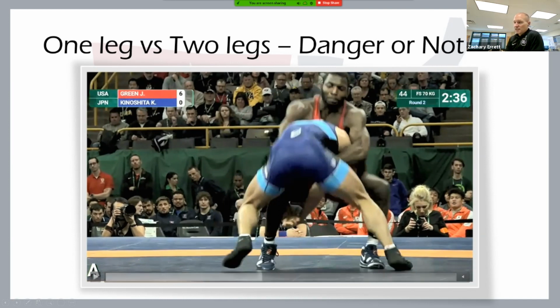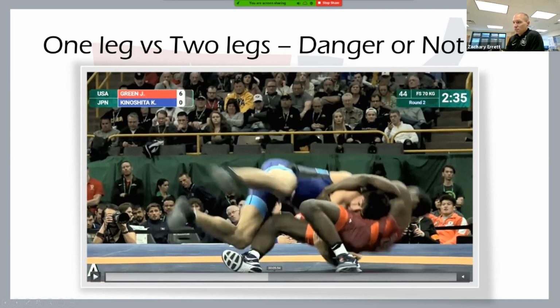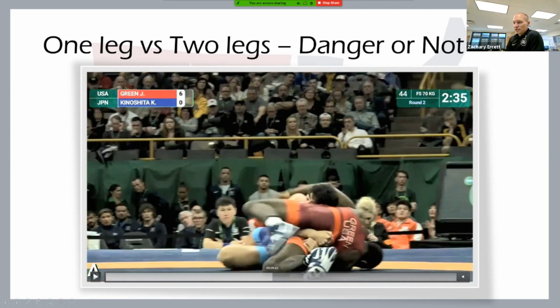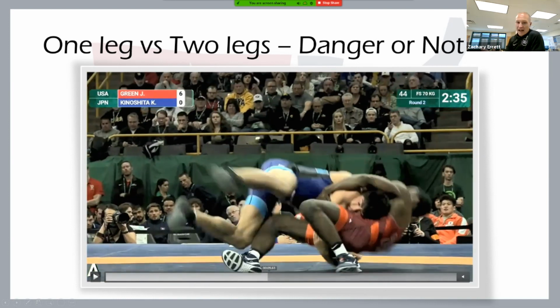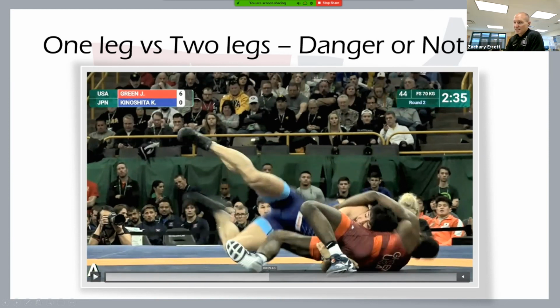The question is, and I watched this live, when he goes, blue never goes to danger. Red, James, goes to his own back here. Blue still has the lock on the leg, never came off of it, keeps the lock on the leg all the way through, doesn't go to danger, and then comes up on top of this and finishes this action here.